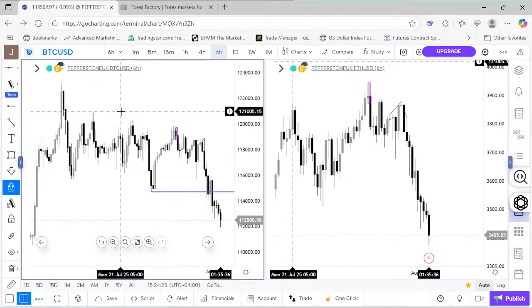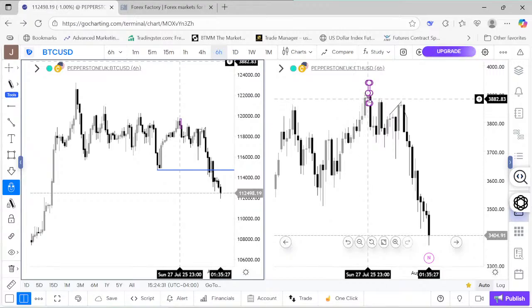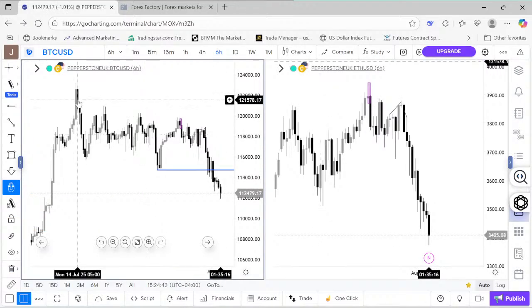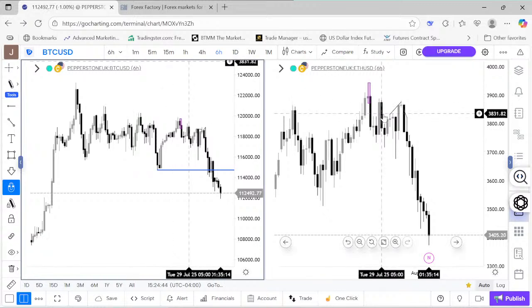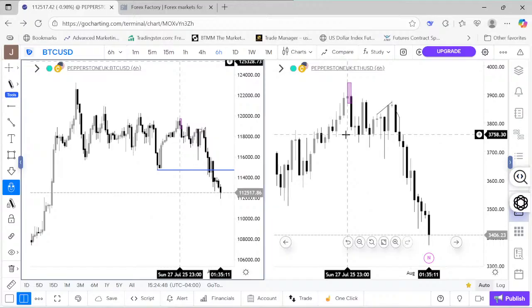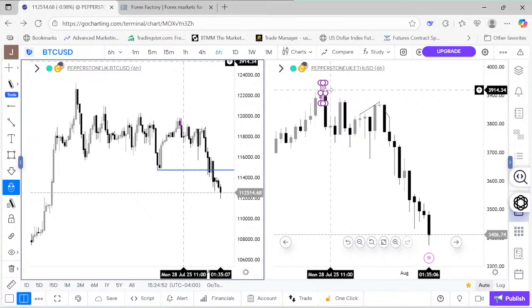Also, there was a cracking between the high of the previous week and that current week, last week Monday. That was the first thing that piqued my interest. We had that SMT, we had the precision swing point, and I looked for an entry.